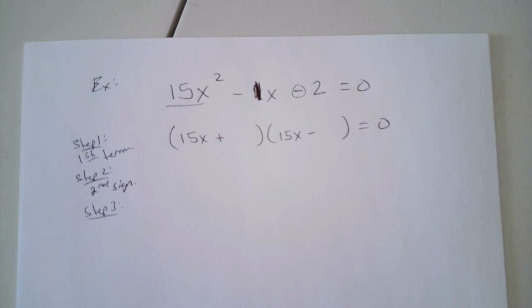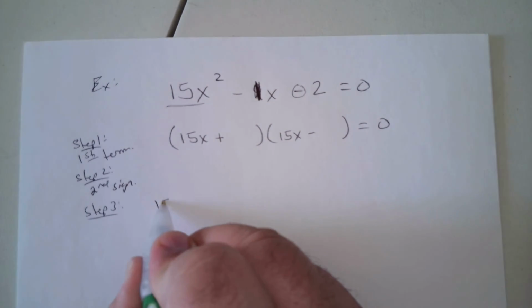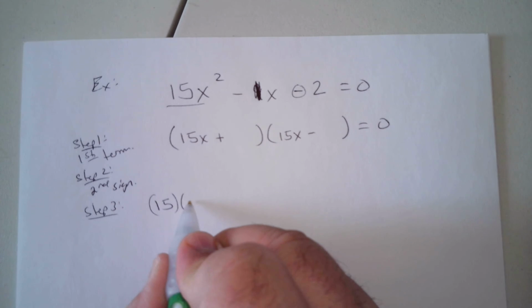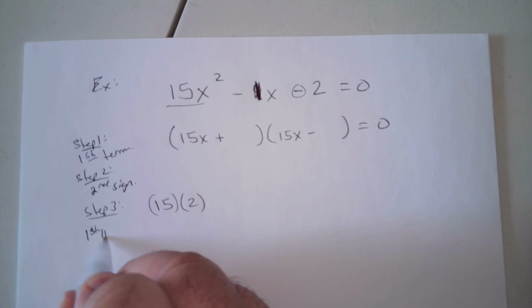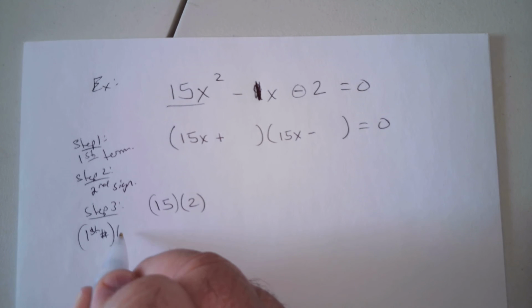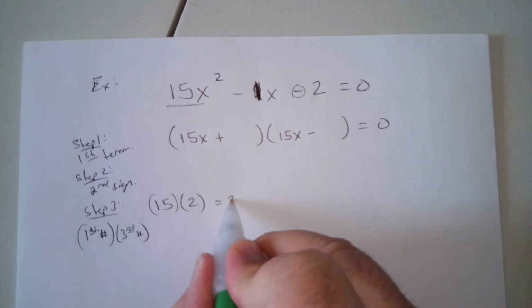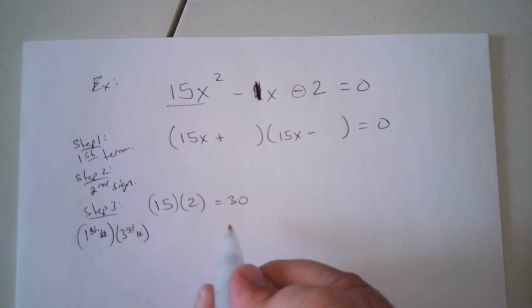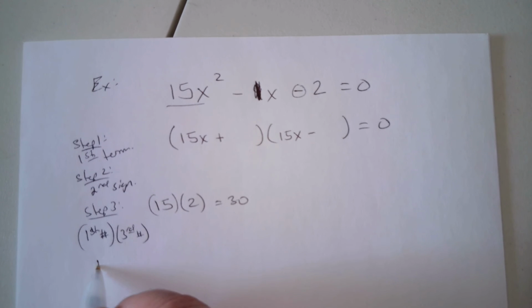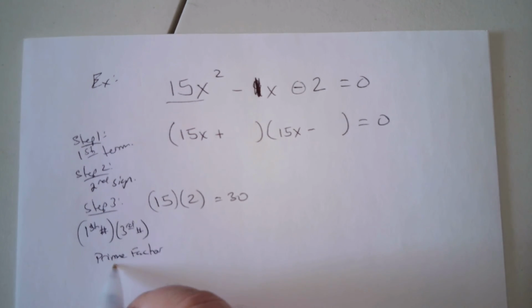Step 3. Now this is the one that causes the most trouble. So we take the first term, which is first number is 15, times 2. First number times third number. That equals 30. And then find prime factor pairs.